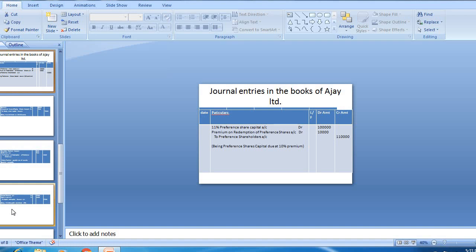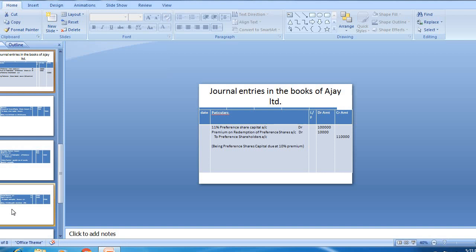Hence, it is redeemed at a premium. The premium should always be alongside the share capital. So, premium on redemption of preference shares. The actual preference share amount is 1 lakh, which is 1000 shares of rupees 100 each. For that, the premium is 10%.